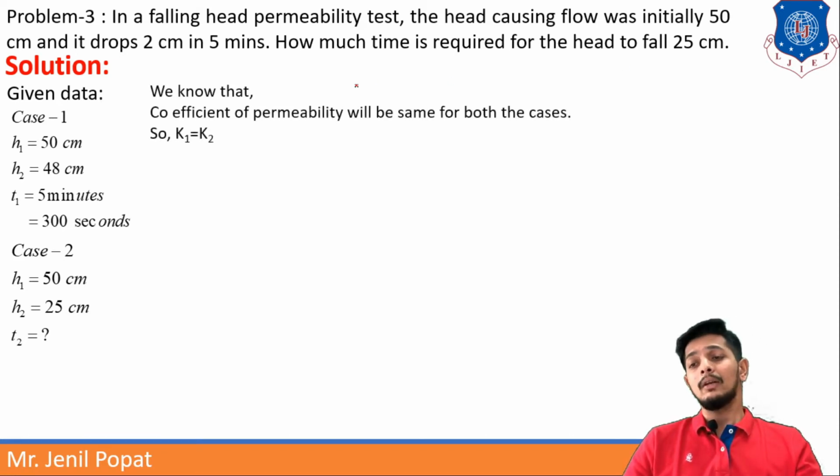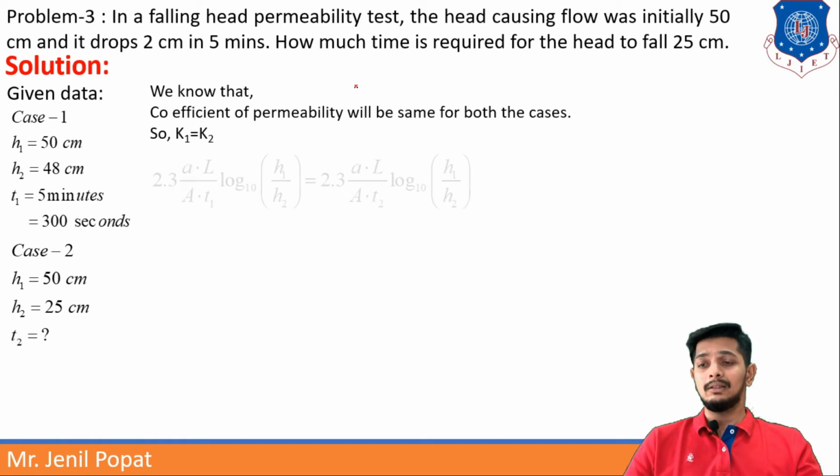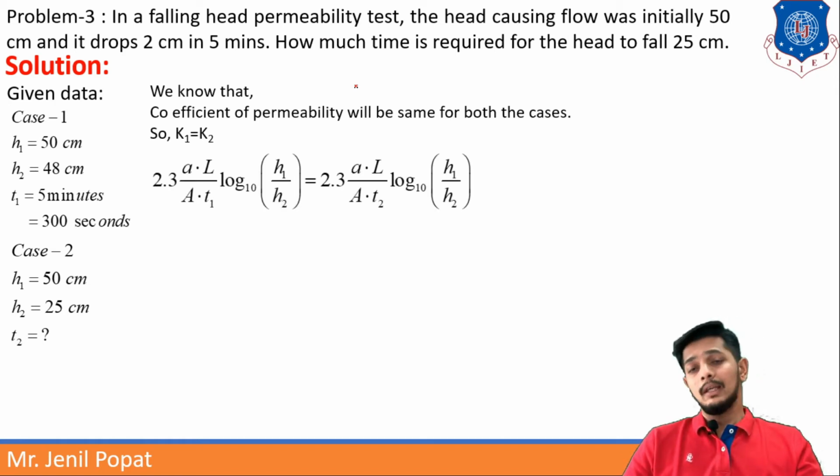So we can compare using a very simple equation: K1 will be the same as K2, as this is the same soil. And here I am using 2.3 aL upon AT, log 10 base H1 by H2. Here, the area of the standpipe will be the same, the length of the sample will be the same, and the cross-sectional area of the sample will also be the same.